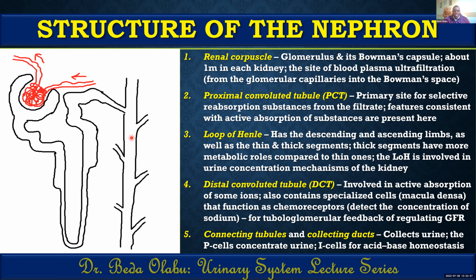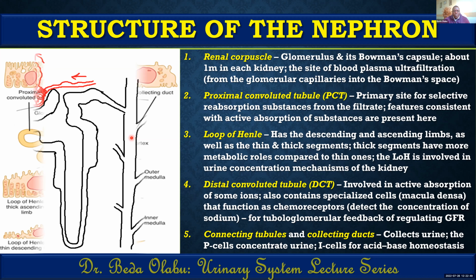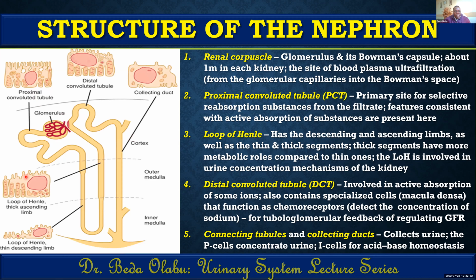So that's the structure of the nephron. We talked about that as well, and so I think you put that into perspective. Remember the epithelial type of the collecting duct: still simple columnar, simple cuboidal. Usually, the collecting ducts near the cortex will be more cuboidal, and the ones deeper towards the papilla will be more columnar.